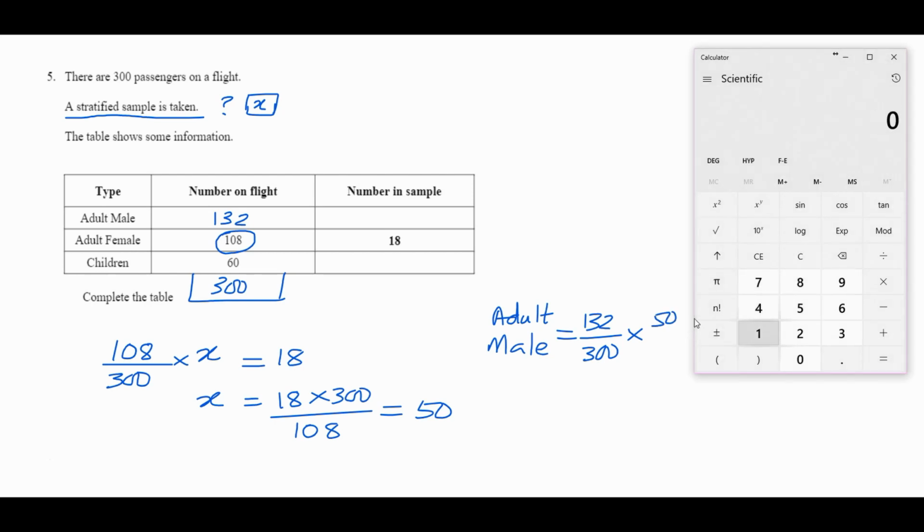So that is going to be 132 divide by 300 times 50. So the answer is 22. So if that is 22, you don't need to calculate this one, because 22 plus 18 is 40 plus 10 is 50, because the sample size is 50. So we completed the table.